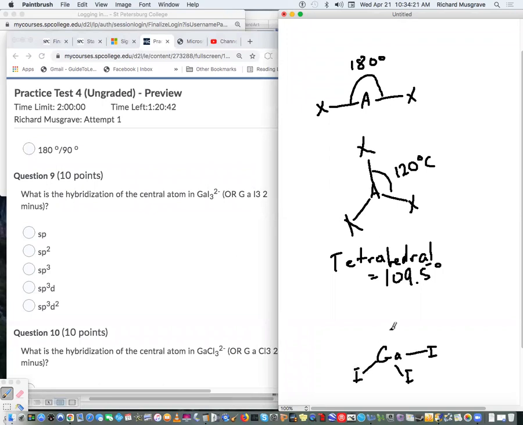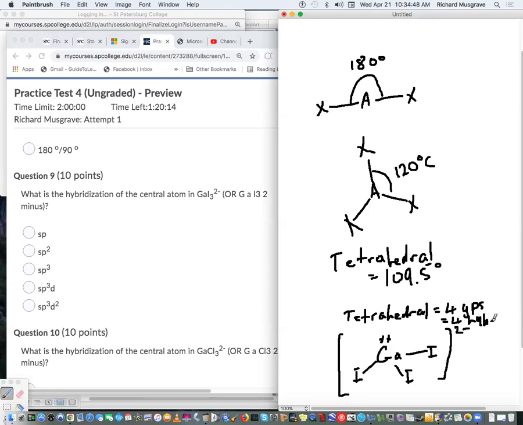From what I was telling you earlier, the overall shape here is tetrahedral. Are you okay with that, Michael? Because it's 4 groups. Tetrahedral equals 4 groups. That means 4 hybrids.